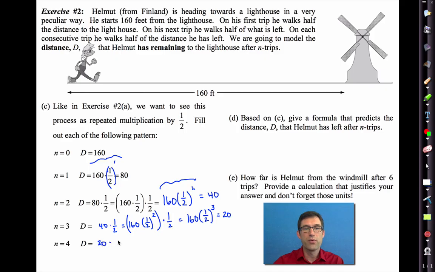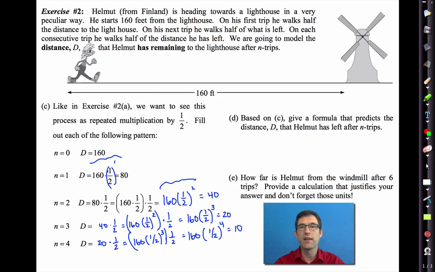And the fourth trip would be 20 times 1/2, which is 160 times 1/2 to the third times 1/2. So 160 times 1/2 to the fourth, which gives me that 10. Now this should be pretty easy, right? This is almost identical to what we did last time.